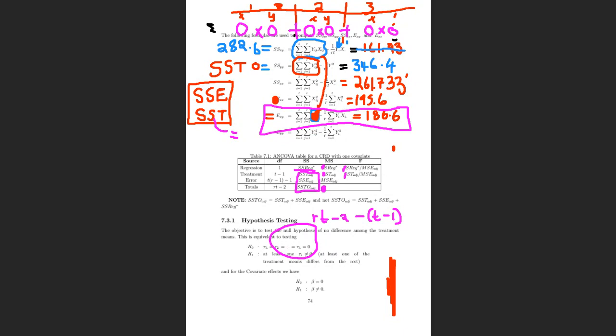So now, we'll be having 2 hypotheses that we have to test. If you want to test for the treatments, you use this hypothesis. Let's test for the treatment, guys. What are you saying about the treatments?